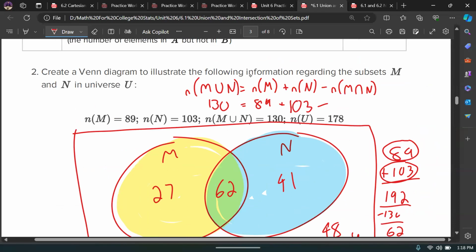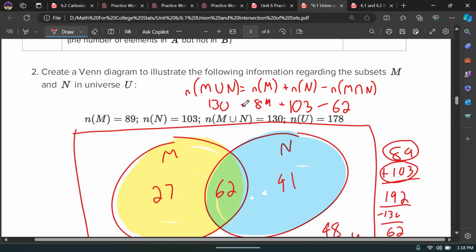But subtracting the overlap, because we counted the overlap twice, right? If I count this in total, I'm counting the 27 and 62, but then I count this, I'm counting the 41 and 62. So I'm counting the 62 twice. So we subtract the overlap, we have our equation, right?